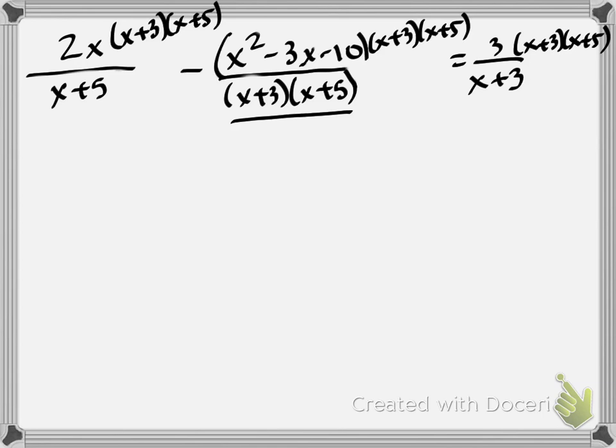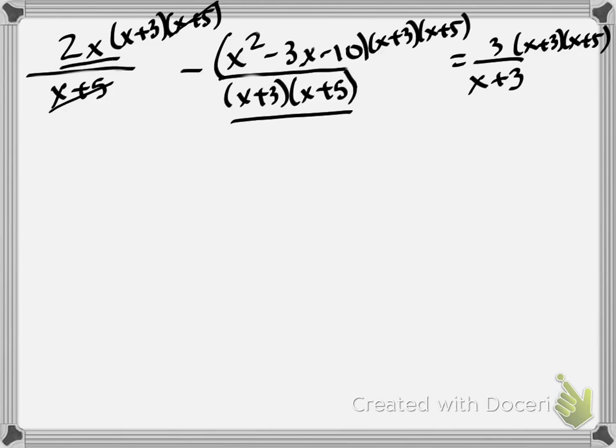And now, since every single parenthesis was accounted for, in each fraction you should have something eliminating between the numerator and the denominator. So, for instance, on the first one, we have x plus 5 and x plus 5.